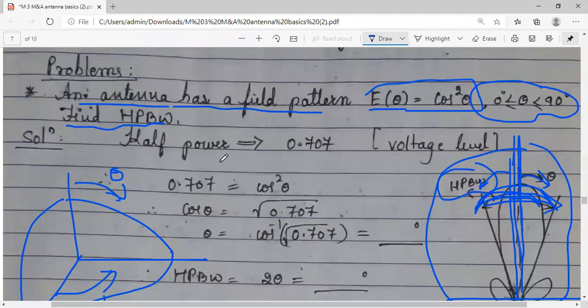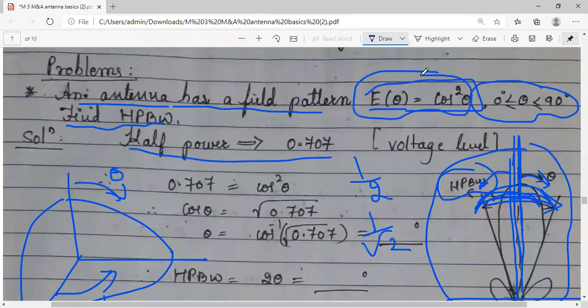What we understood by half power in the previous session: I had told you, don't consider half power as 1 by 2. Half power, we take as 1 by root 2, that is 0.707. That's why, whatever field pattern is given to you, that is cos square theta, to get half power I am equating it to 0.707, that is 1 by root 2, because I want half power.